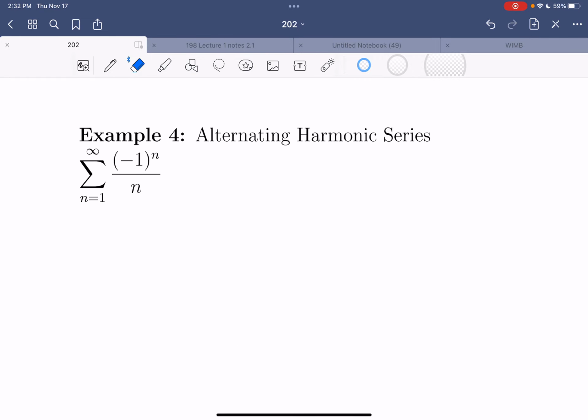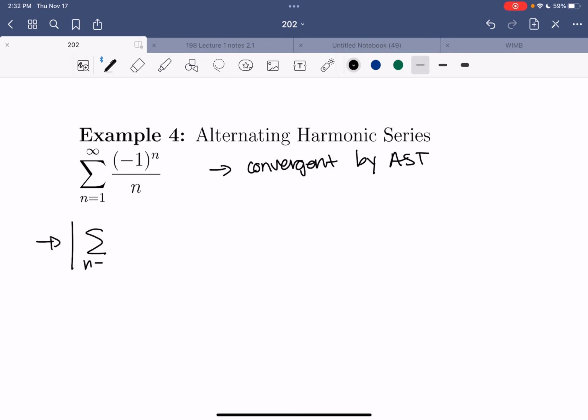The alternating harmonic series. Let's take a look at whether this is absolutely convergent. We already said that it is convergent by the alternating series test. But if we look at the absolute value, that's taking off the negative 1 to the n, so that's 1 over n.